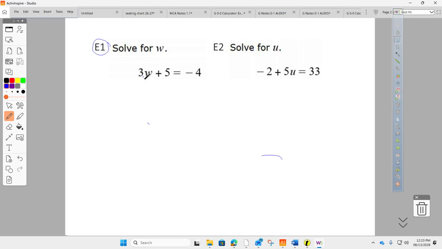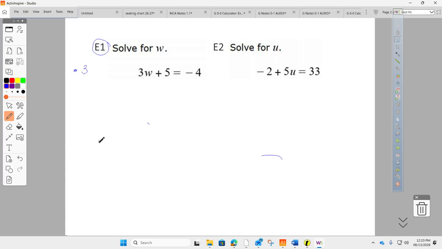So, Jaden says this is 3 times W. It is. This is the only operation that you don't see a symbol for, right? Even division is a fraction bar, right? Or the little funny division symbol, I forget the word for it, but anywho. So we know that this W is being multiplied by 3.